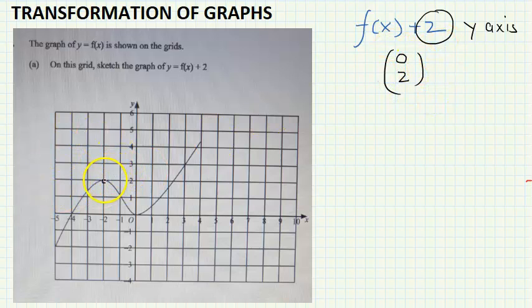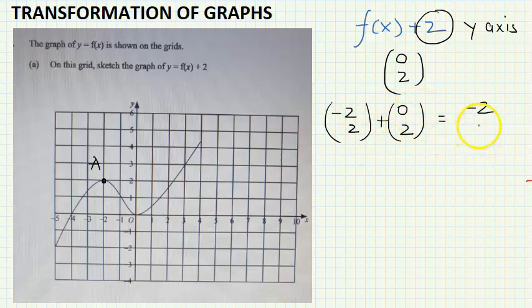For example, say this is point A, the x coordinate is minus 2 and y coordinate is 2. This is plus 2, so we have to add 0 and 2. So the resultant coordinates will be minus 2 and 4. So this coordinate will go up here. Minus 2 and 4. This is point B.